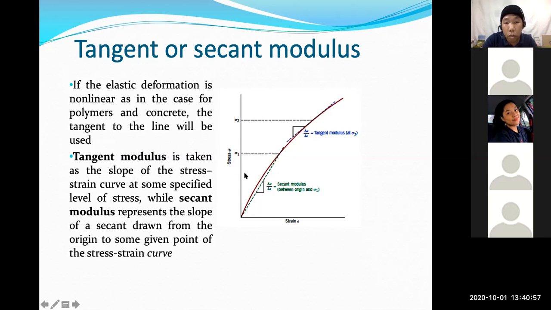So this is the secant modulus here. This sigma 1 is being used here. Okay, the secant modulus between the origin and sigma 1. And for the tangent modulus, considering, of course, sigma 2, is seen here.